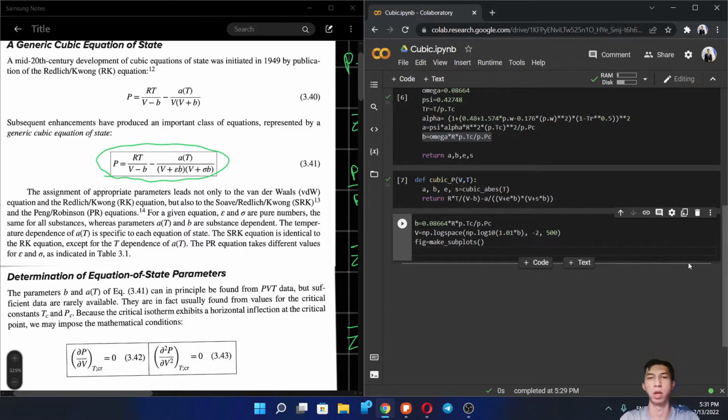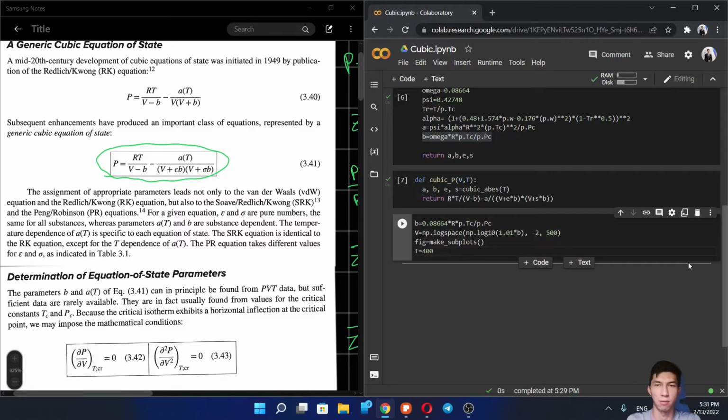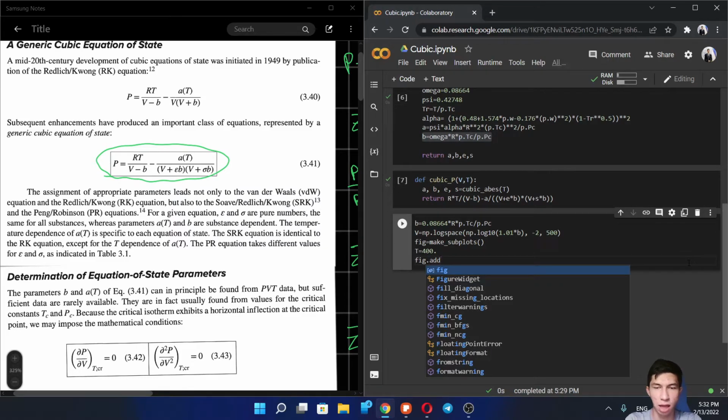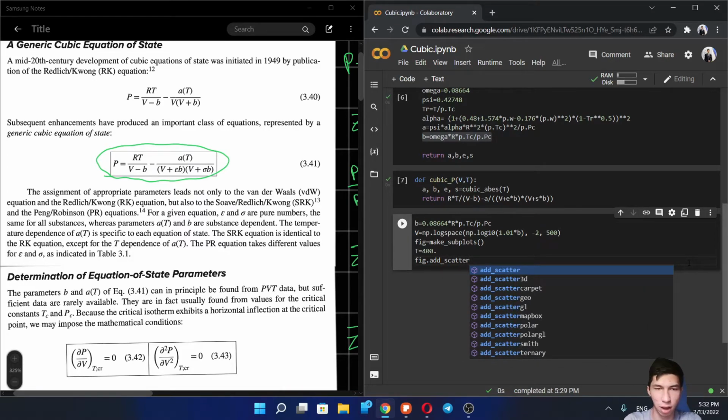Okay. So let's just plot the value for only one temperature. So let's say we're going to have the temperature equal to 400, right? Okay. Then we say figure dot add scatter, right?